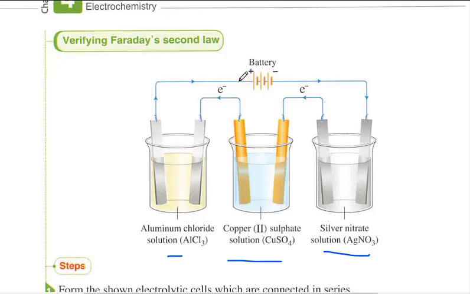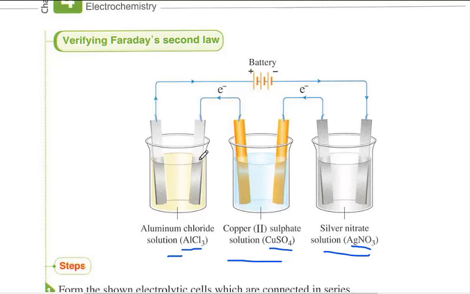So this is the aluminum cell, this is the copper cell, and this is the silver cell. We pass the same amount of electricity in all these solutions.